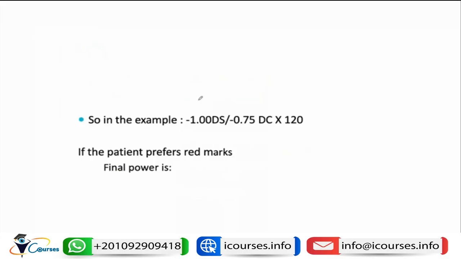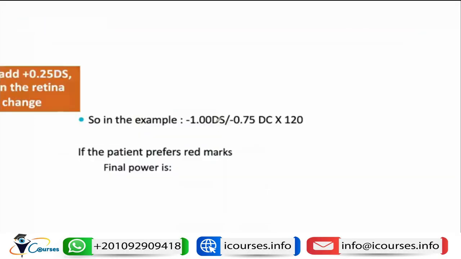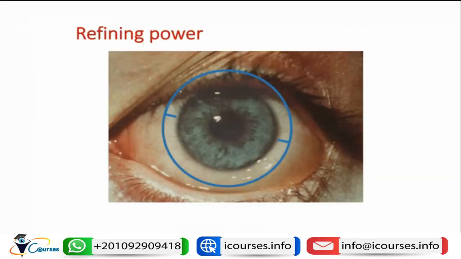Let's say for this example, refining the power. This is the cylindrical power of the trial lens, and this is the axis that was discovered by the first step of the Jacksonian cross cylinder.